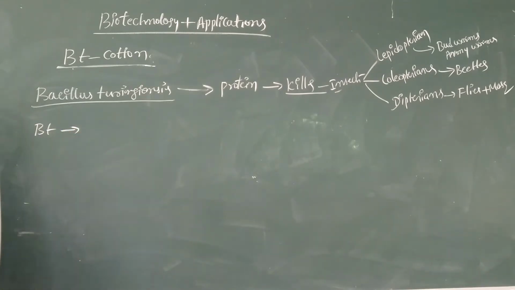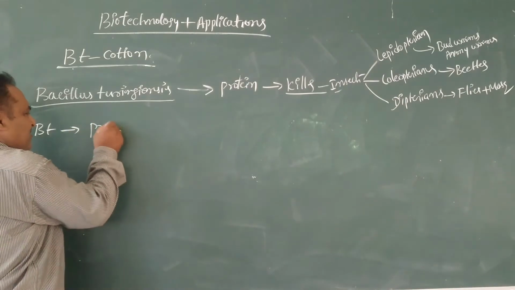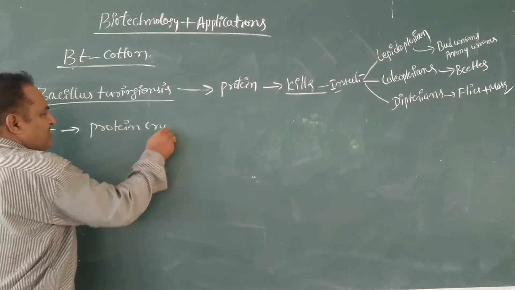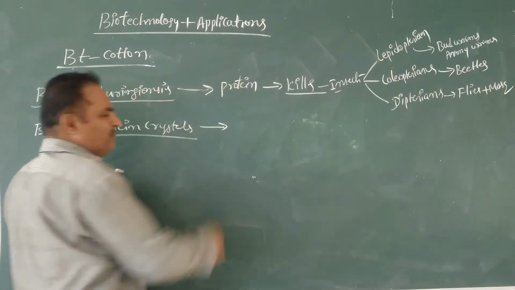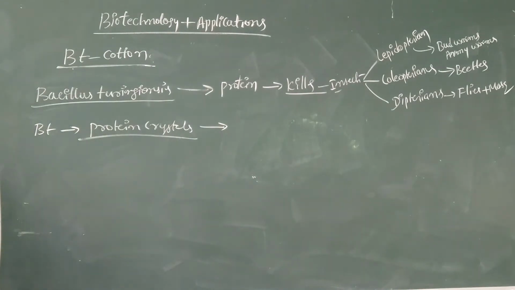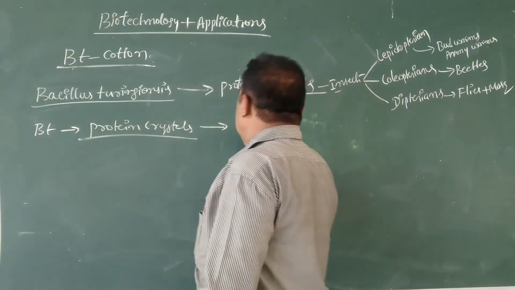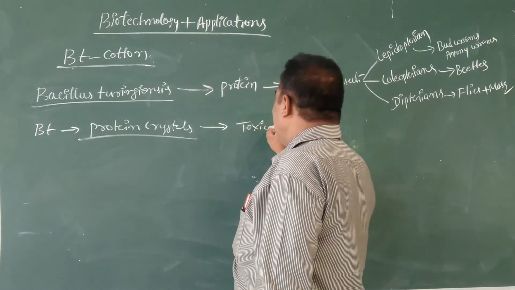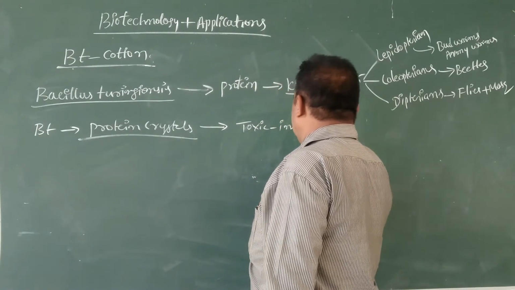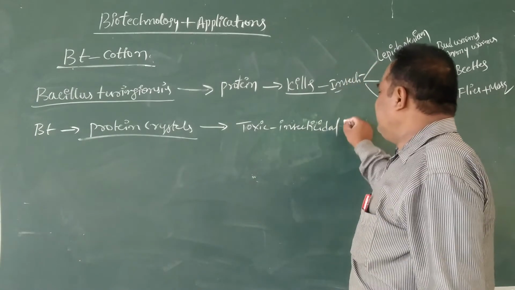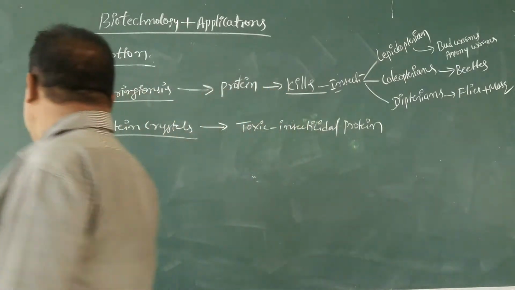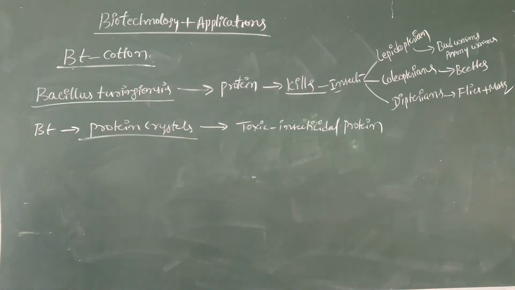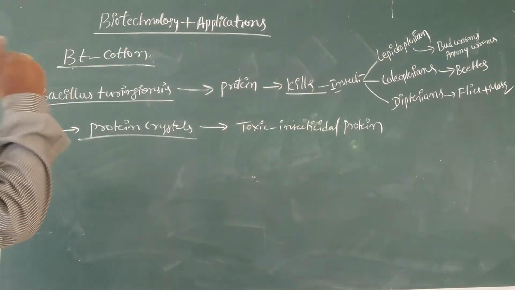Bacillus thuringiensis produces protein crystals which contain toxic insecticidal proteins.